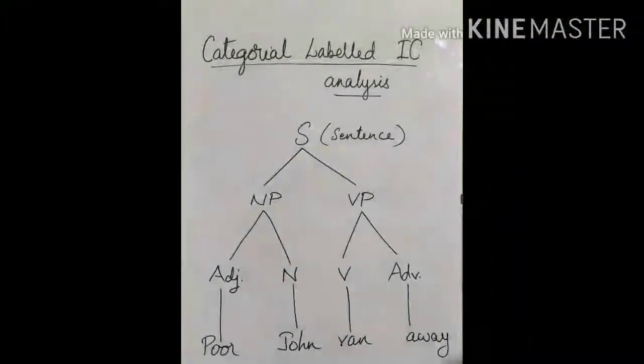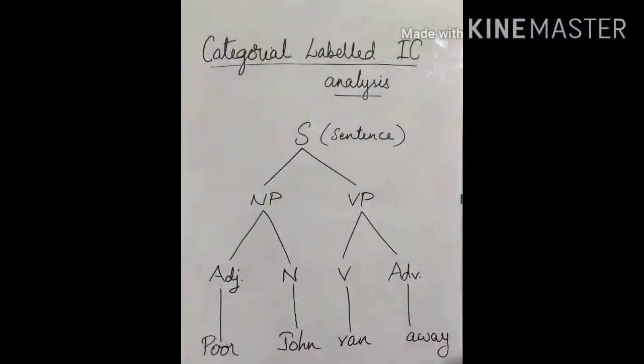In this categorial labeled IC analysis, a sentence is divided into noun phrase NP and verb phrase VP. The noun phrase is divided into categories like adjective and noun, and verb phrase is divided into categories like verb and adverb.